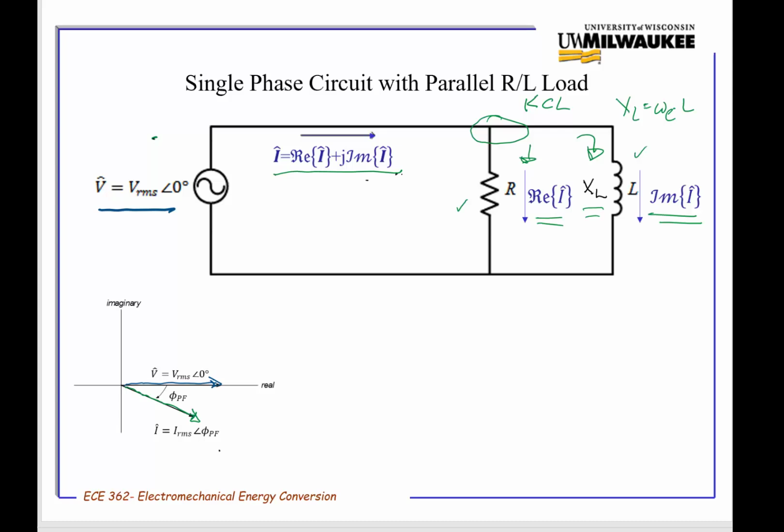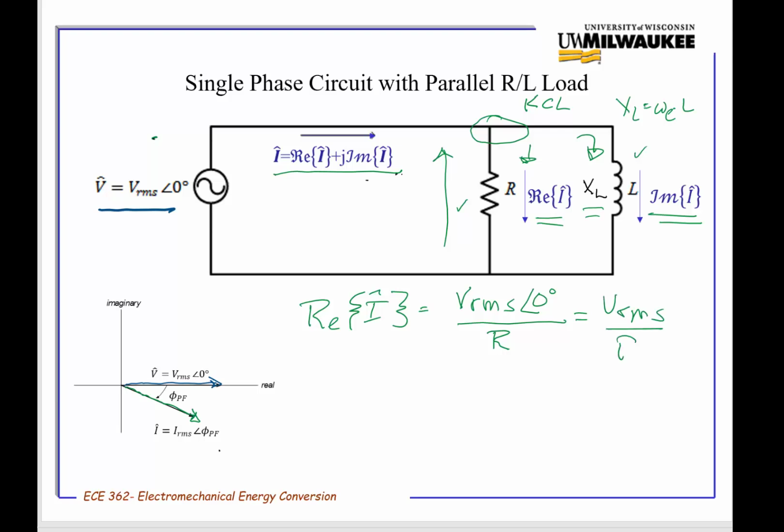What are those currents in the two branches? The resistive branch, the real part of the total current, is the applied voltage across that branch, which is simply VRMS. Since it has a 0 degree phase angle, it's all on the real axis, so we can ignore that, divided by the resistance R. So it's VRMS over R.